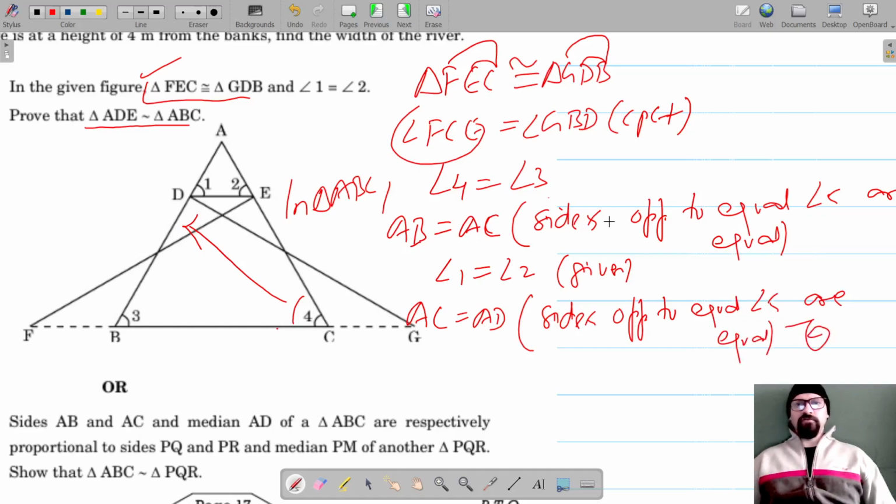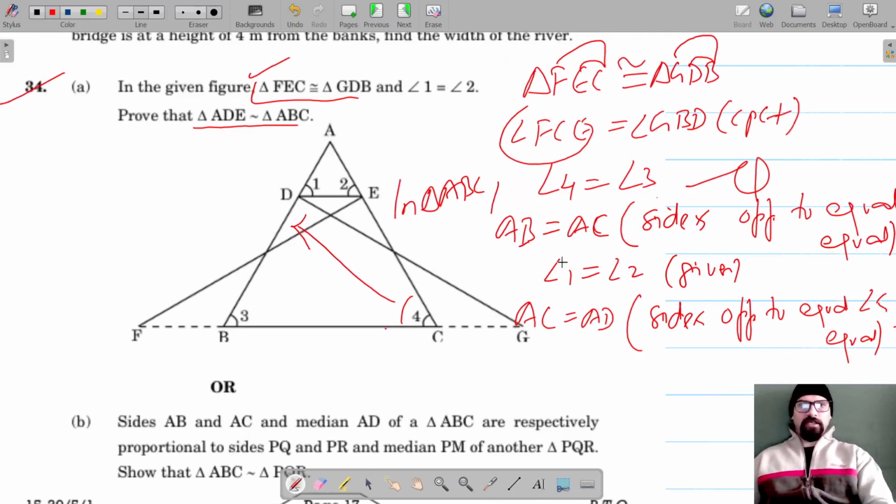Let this be equation 1 and let this be equation 2. So this is AB is equal to AC and angle 1 is equal to angle 2 gives me AE is equal to AD.